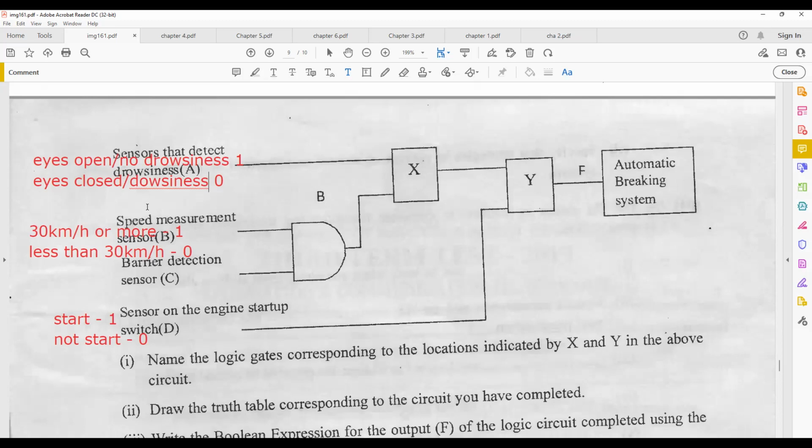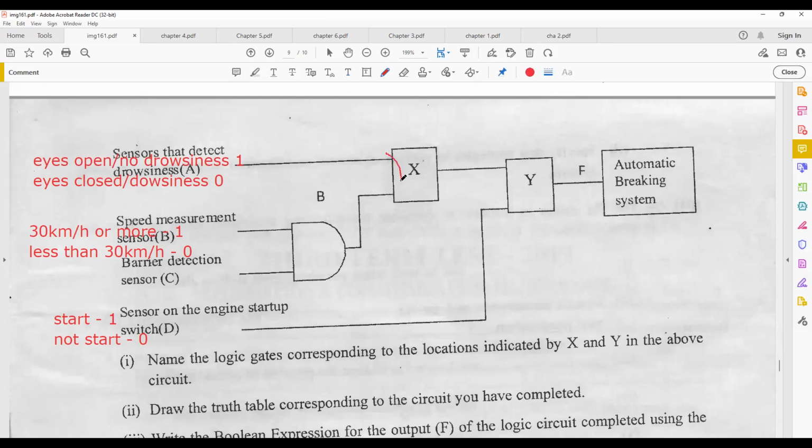Yes. Either you have drowsiness, then you have to have a braking system, or else speed is more, then we know that there's a barrier, you want to check. So any of the cases should be forwarded to Y. So the X is what?